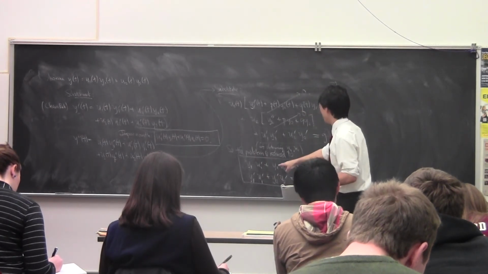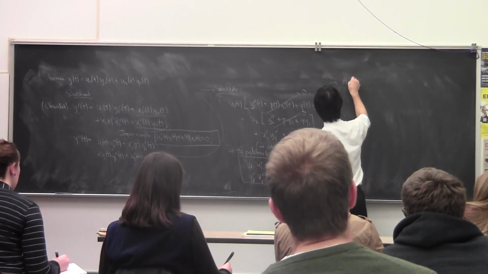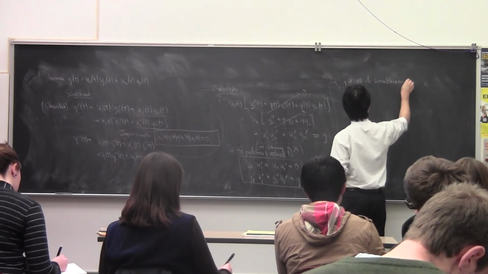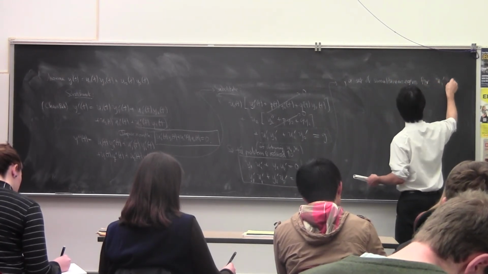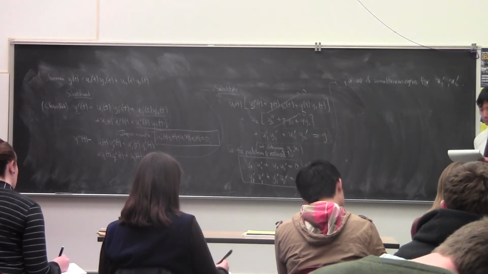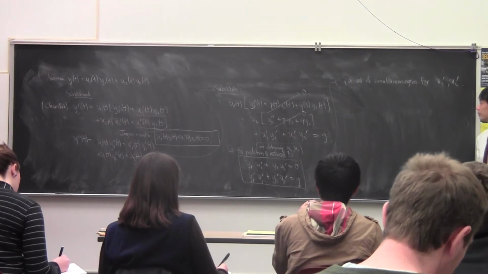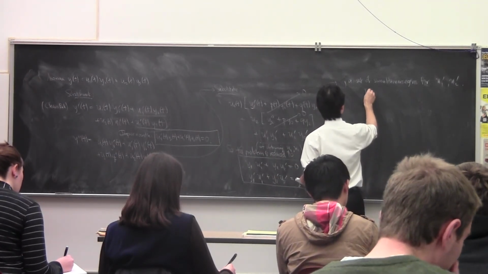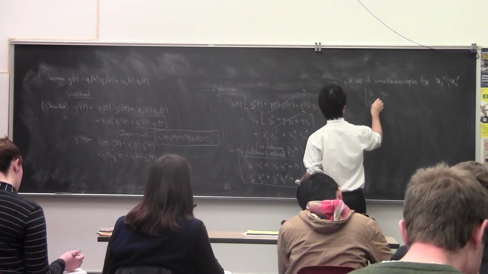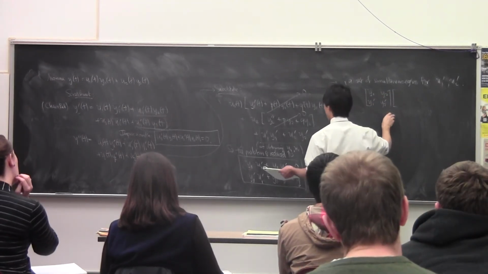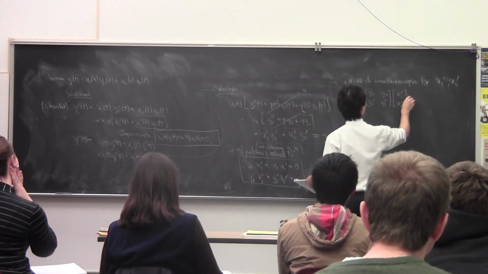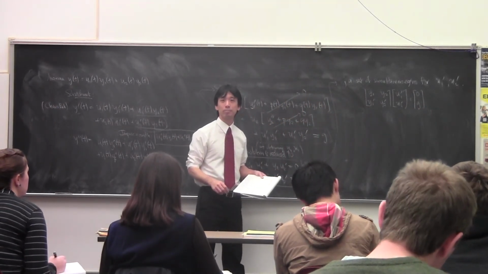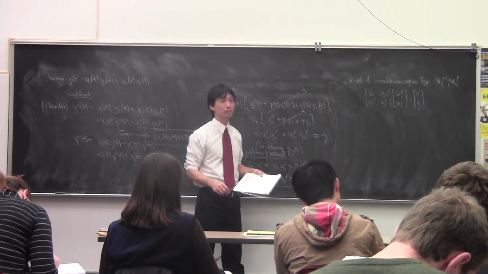But you notice that this is a set of simultaneous equations for u1' and u2'. In matrix form, it is the matrix with rows y1, y2 and y1', y2', times the vector u1', u2', equals the vector 0, g.